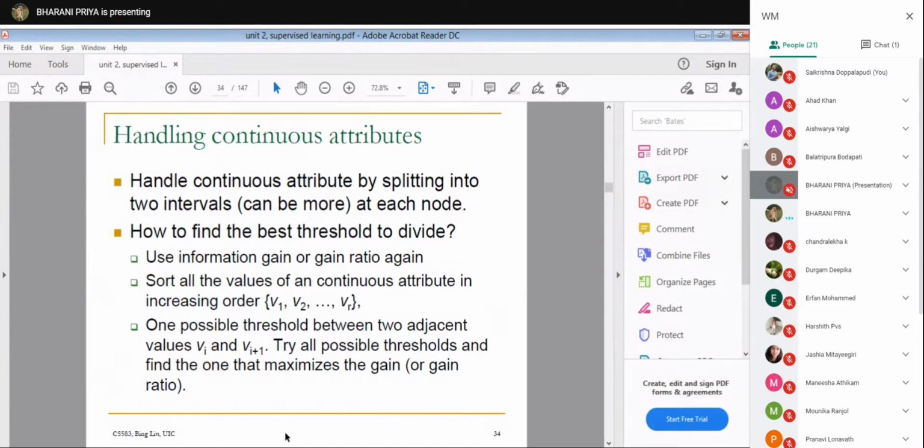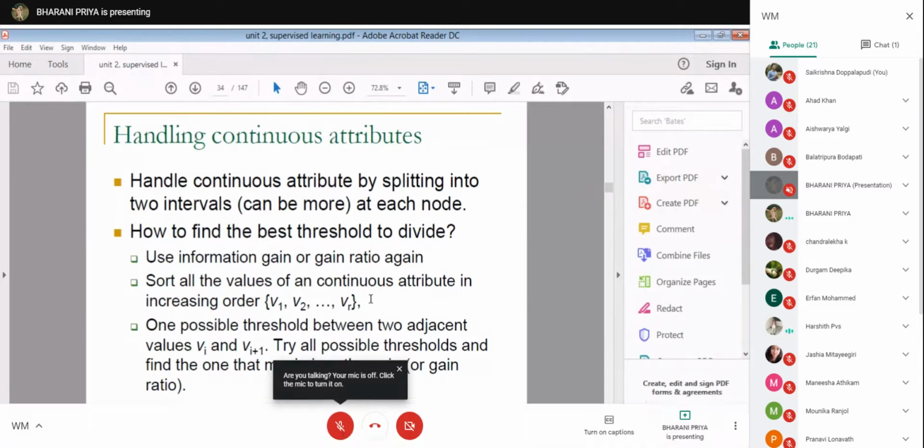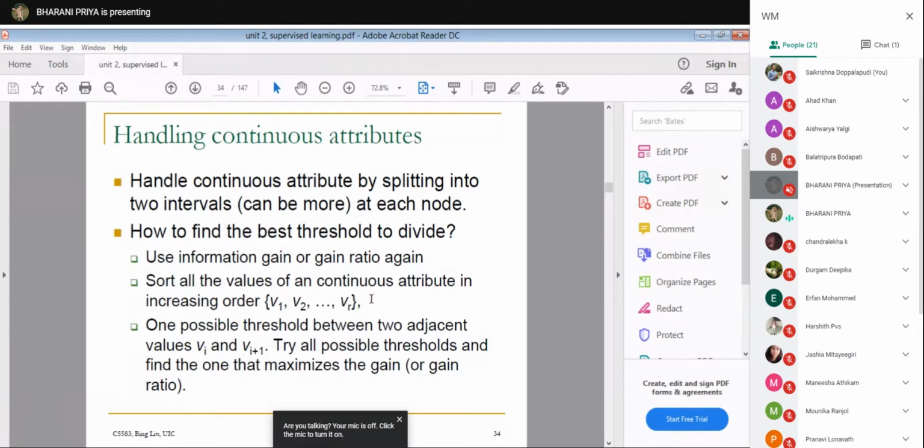Now, handling continuous attributes. Previously the data was categorical. Now assume that the data is continuous. When the data is continuous, the attributes should be split into two intervals.